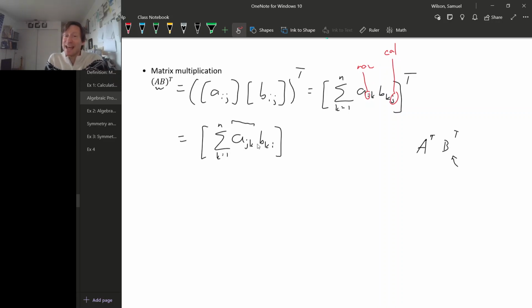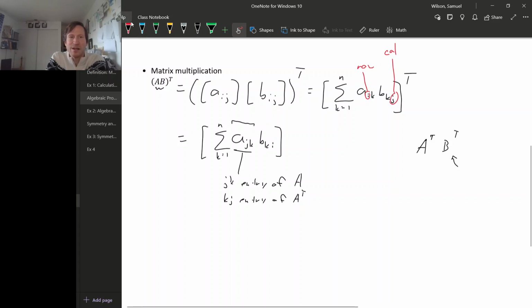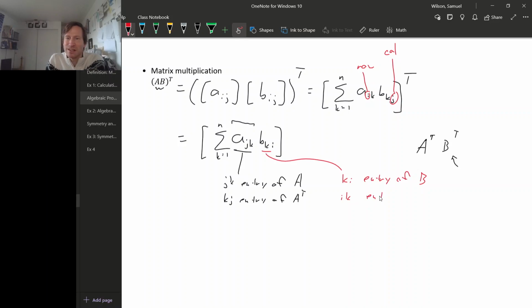Well, except, right, Ajk is actually the jk entry of A, but that means it's the kj entry of A transpose. Similarly, this Bki is the ki entry of B, but that means it's the ik entry of B transpose.